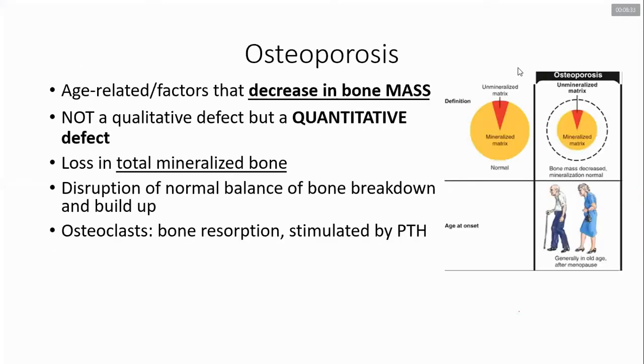Once again, osteoporosis can be age related, most of the time it is, or it is associated with some other factors that decrease bone mass. It's basically a loss in the mass of the bone.